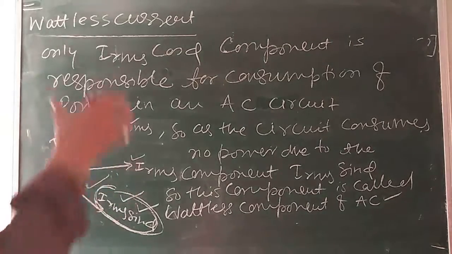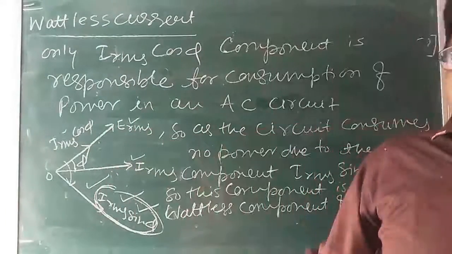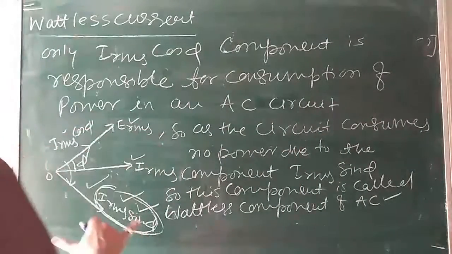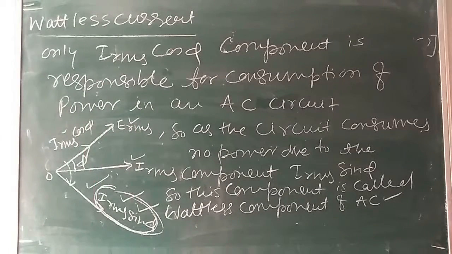So dear children, it's a very, very important article. We have seen the component of wattless current, that is IRMS sin phi. It will be used in the near future to solve numerical problems. So today we saw average power consumed due to both the parts P1 and P2.